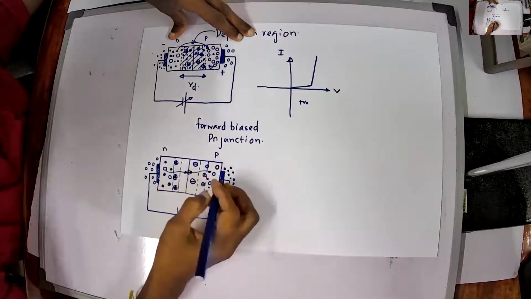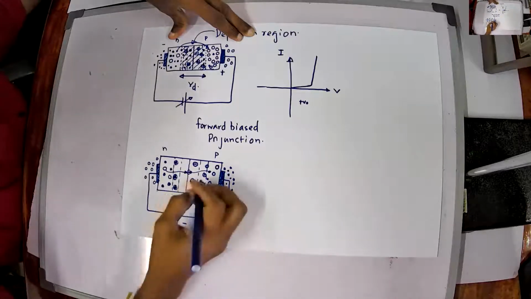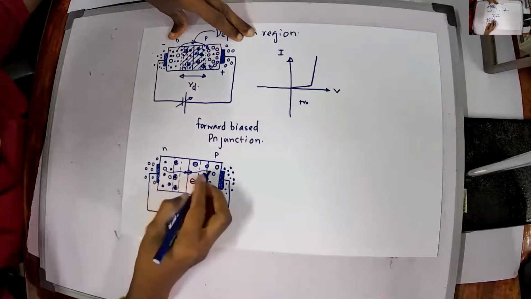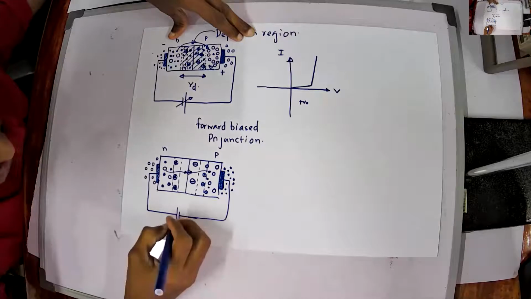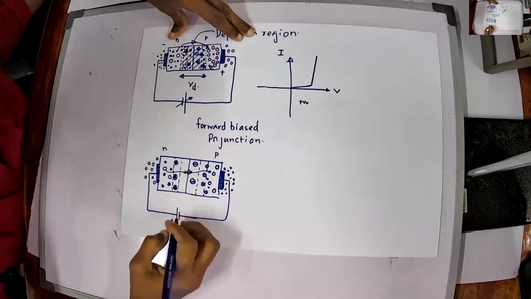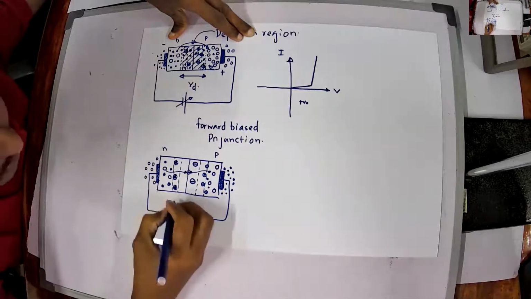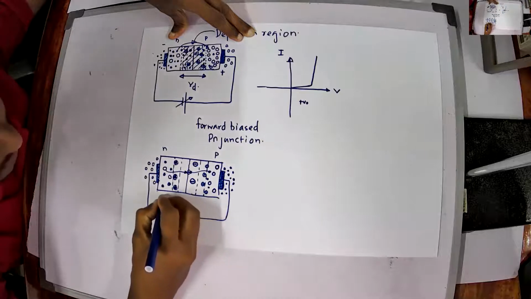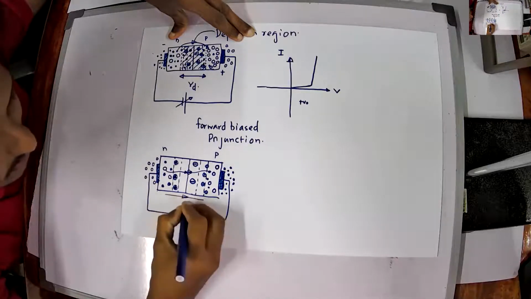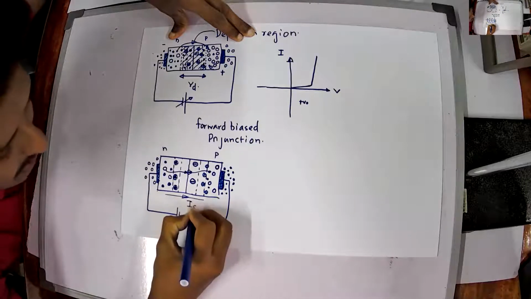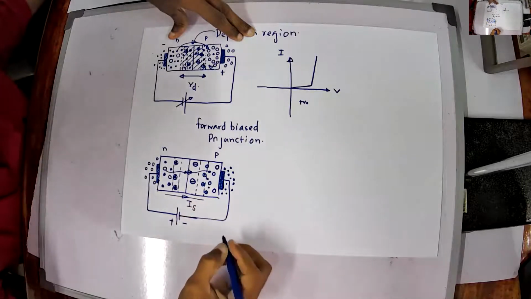Due to the migration of these minority carriers, there will be a very small reverse bias current, from N type to P type. That is called the reverse saturation current, IS.